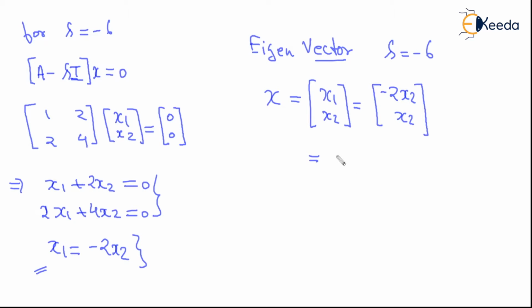Maybe you can take k outside and write it as -2 and 1, or you can also write it, k dash, as 2 and -1. These both are the eigenvectors. Let's say eigenvector 2. So any of it is okay. This is also fine, this is also fine. So this is how we can find the eigenvalues and eigenvectors.